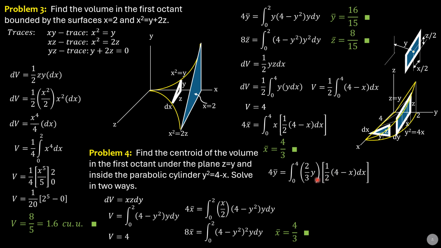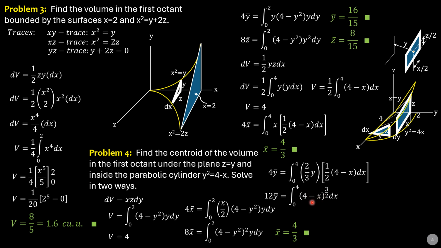Then y is square root of 4 minus x. So this is 1/3. So 3 times 4, 12 bar y, cancel 2. Then y is square root of 4 minus x, times quantity 4 minus x dx. So that would be 4 minus x to the 3/2 dx. You can evaluate the integral by power formula.